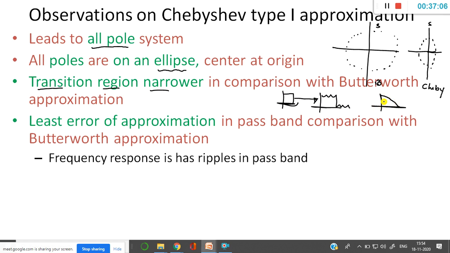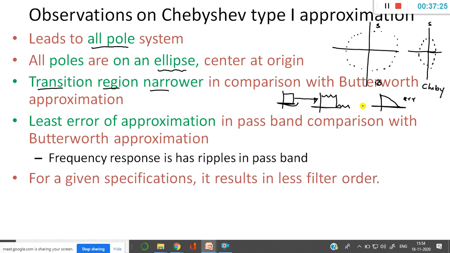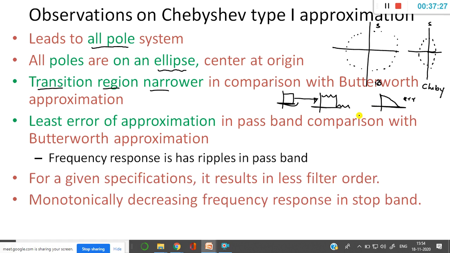In Butterworth it was not narrow; it was monotonically decreasing, so I get a broader transition width. In comparison with error, Butterworth was a little more erroneous when compared to Chebyshev. So that is another difference between the Chebyshev filter and the Butterworth filter.